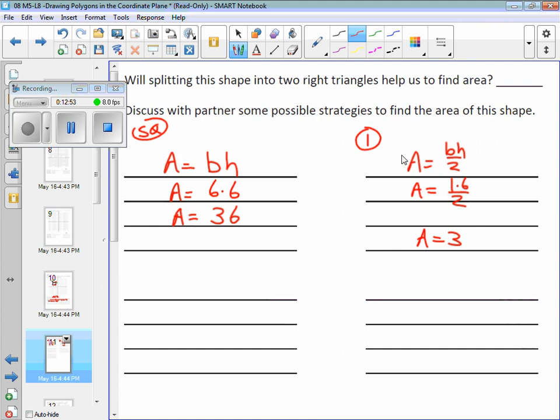Okay, do triangle 2. I think this is the only page where you have to flip back and forth. All right, triangle 2, what was the base for that? I don't remember. Help me out.